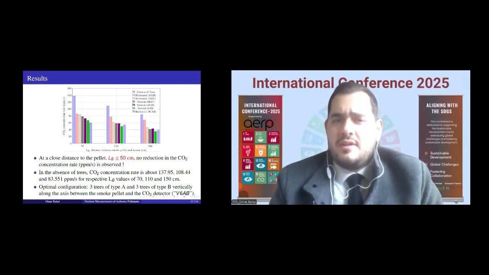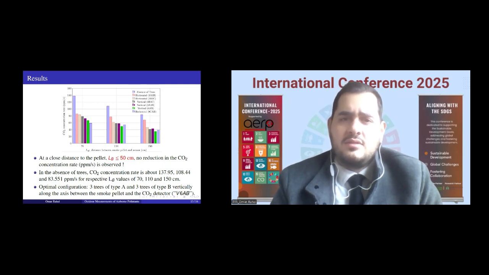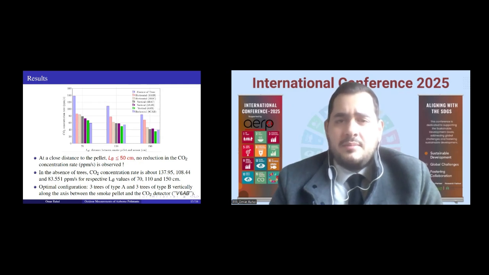So this bar graph here shows at a distance of 70, 110, and 150 centimeters away from the outlet. The light blue one is without any presence of trees, and the others are with the presence of different configurations of trees.